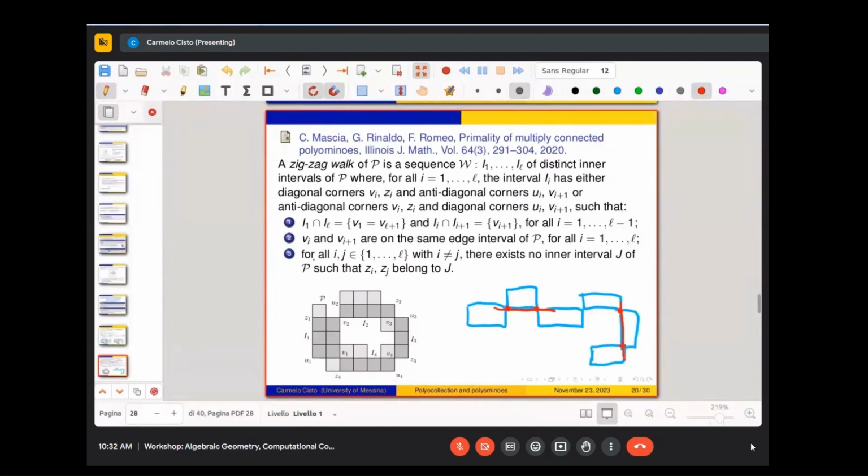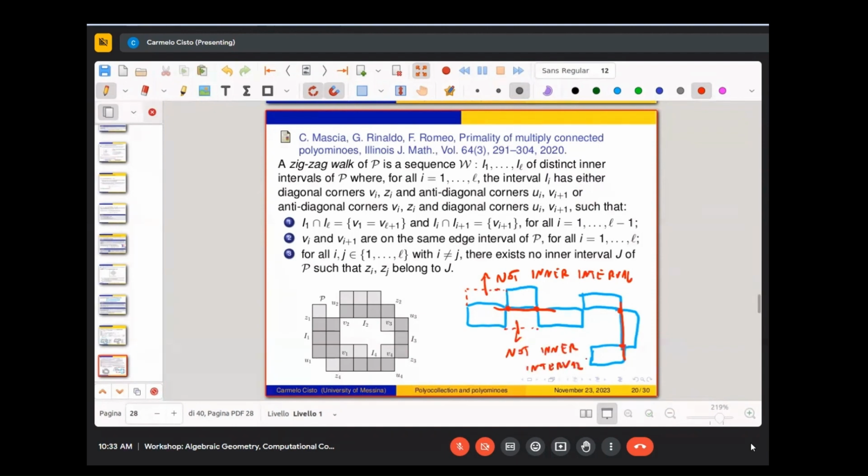The third property says that, okay, these intervals are all inner intervals, but we need that, for instance, these two inner intervals that I can consider between a couple of intervals in the zigzag collection, these two must not be inner intervals of the collection P. And the same for this, and this for all couples of intervals.